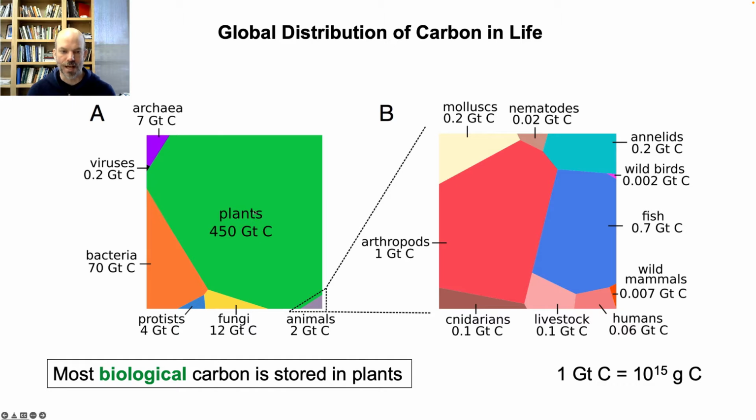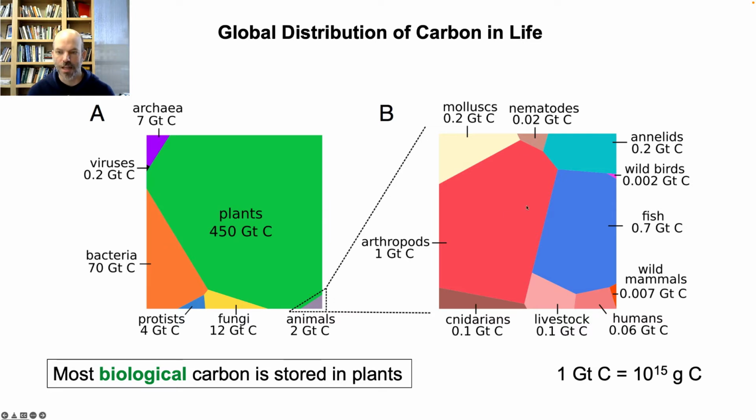And it takes a long time to get that carbon back out of even the dead trees. So our world is green, land is green, so that's why most of the carbon is in plants. Second place are bacteria, followed by archaea and fungi. So the microbes are following close behind the plants. Then the animals are a tiny, tiny percentage of all of the carbon in the world.